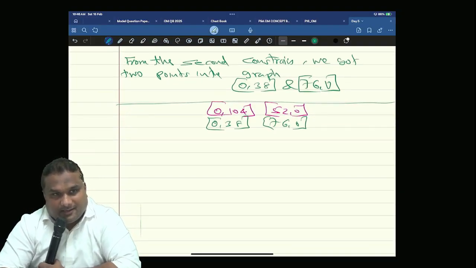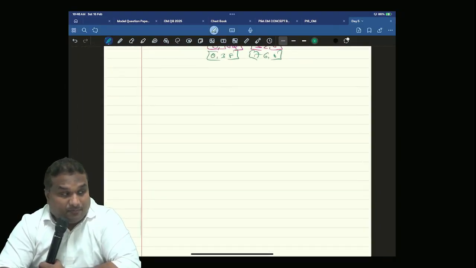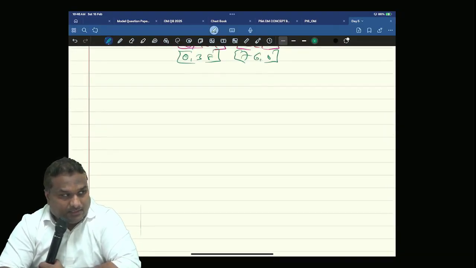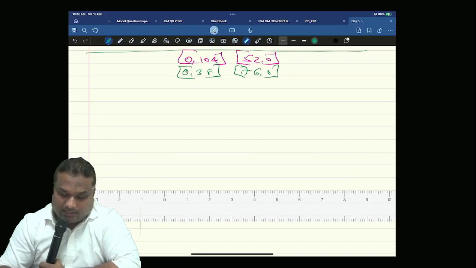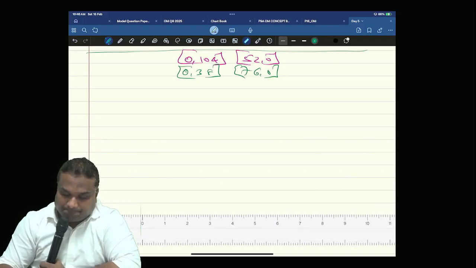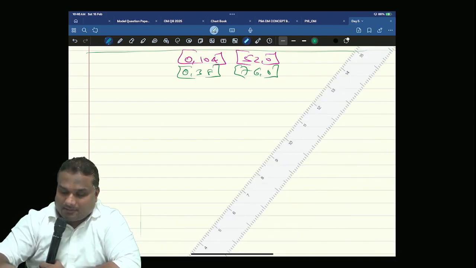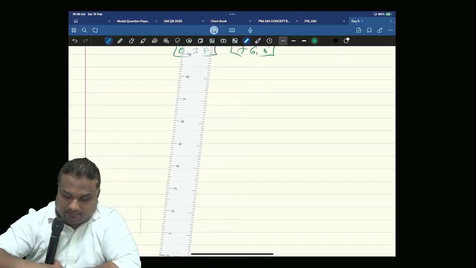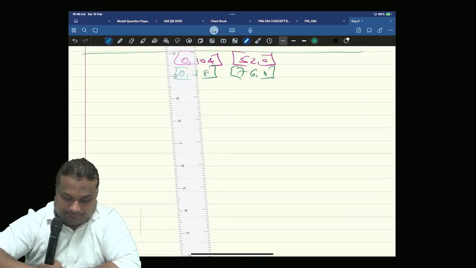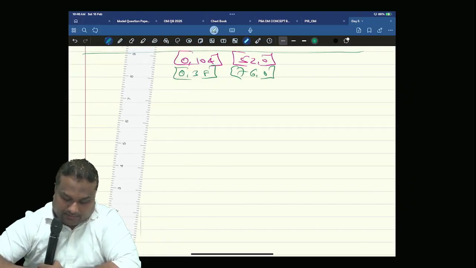Now we are going to solve this with the help of the graphical method. Which method? Graphical method. Can I start? The maximum height is 104. Correct? This is a scale. 104 is the maximum height.